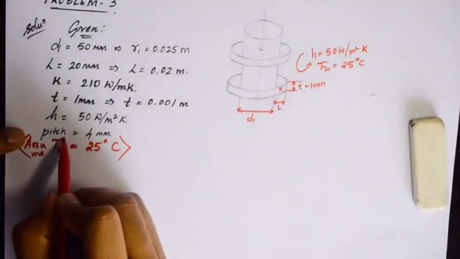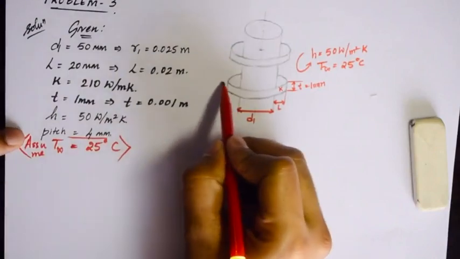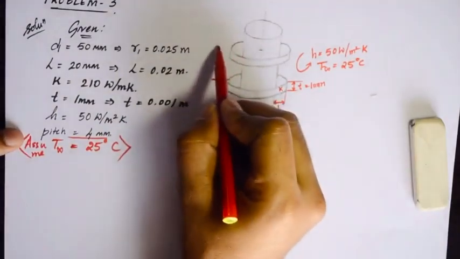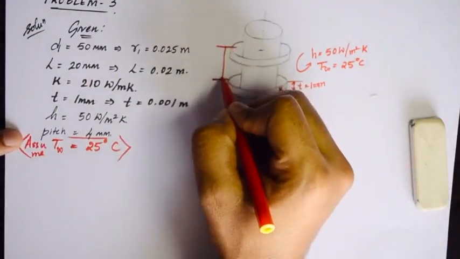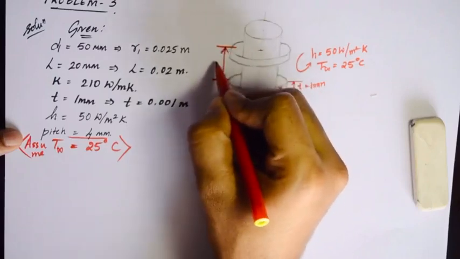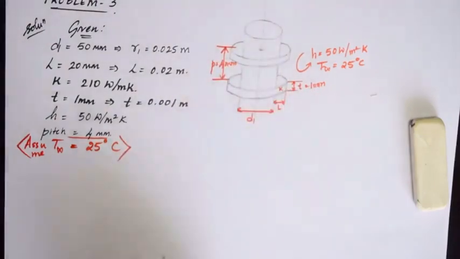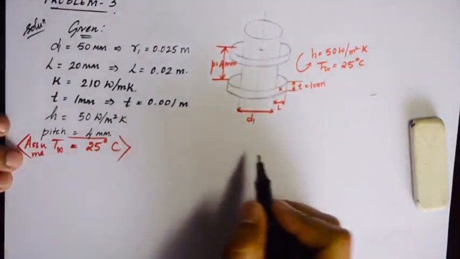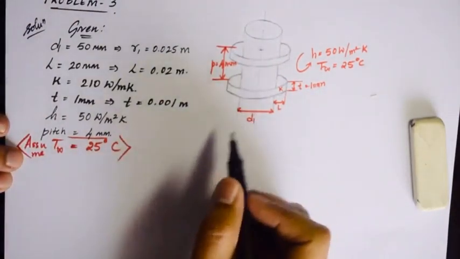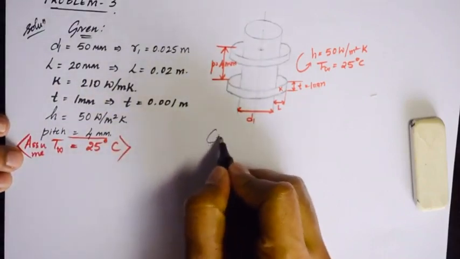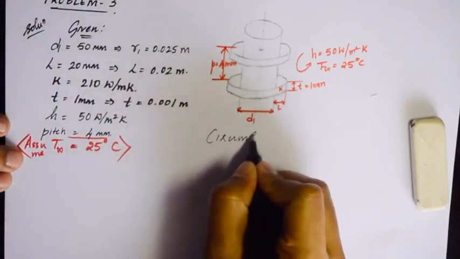It also says the pitch of the fin is given as 4 mm, which means that from the top of the fin to the top of the next fin, the pitch is 4 millimeters. This problem cannot be solved directly like how we did in the previous problem, because here the fin that we have is a circumferential fin.